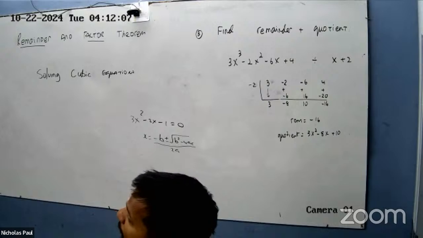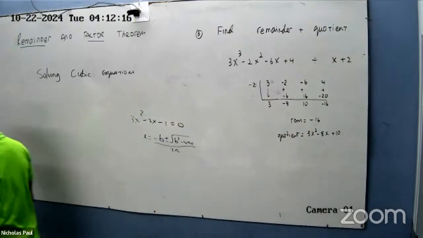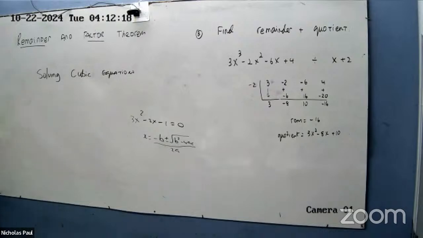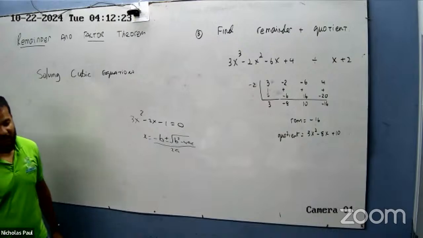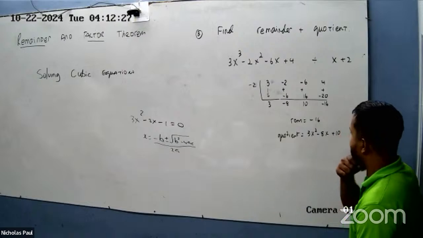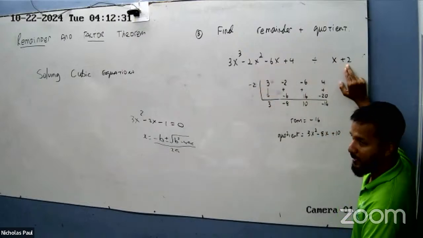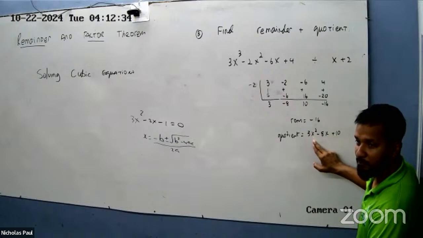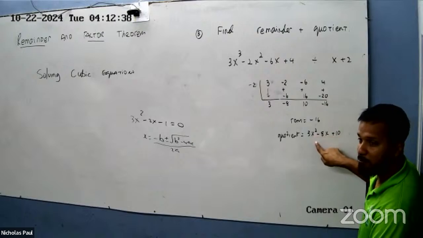Now, how do we solve a cubic? In order for us to solve a cubic, anybody recognize that when you divide a cubic by a linear, you get a quadratic as your quotient?